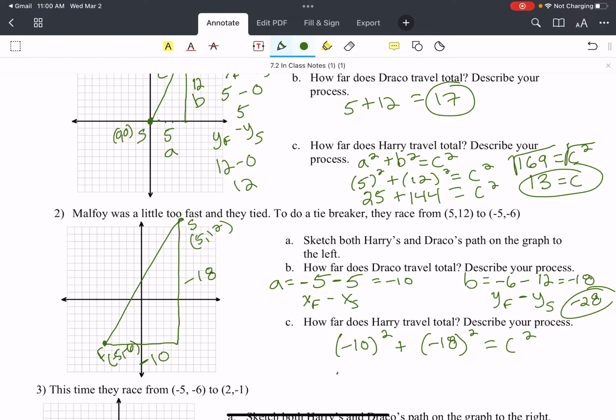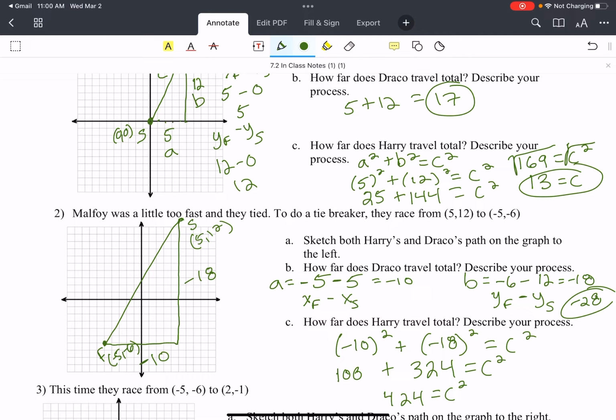So I got 100 plus 324. Is that what you guys got? So then 424 is C squared. So that means that the distance between those 2 points is 424 squares. That doesn't seem right. Oh, square root.